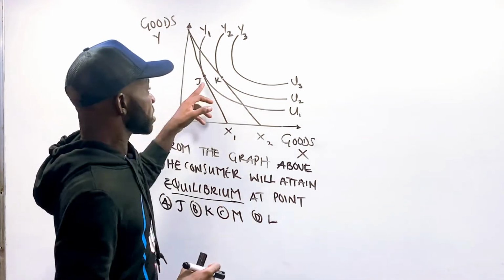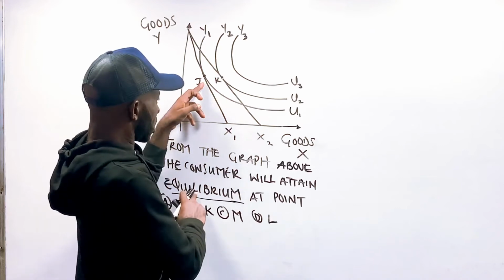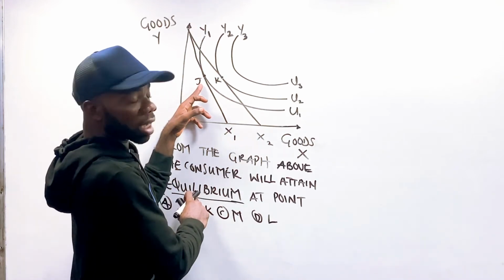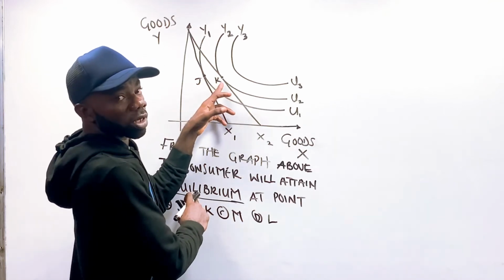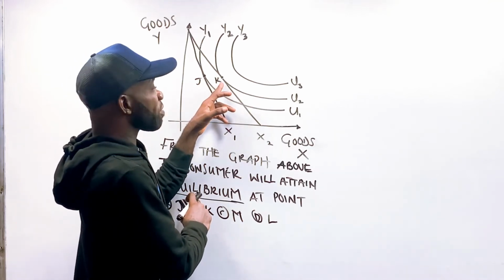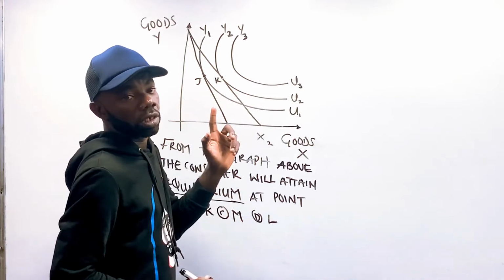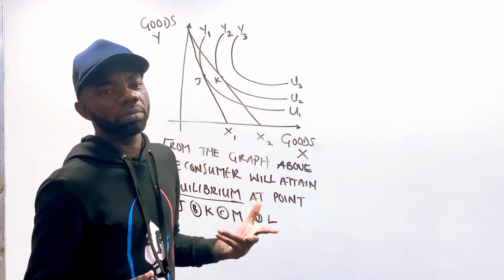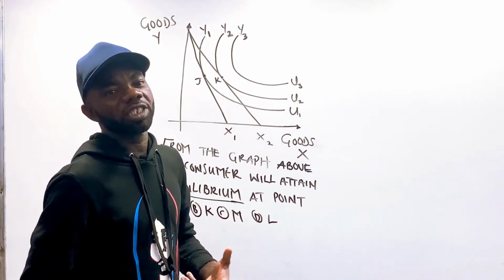So this is one equilibrium point of a consumer. This is another equilibrium point of a consumer. But when you have more than one in an exam hall, the highest equilibrium point is preferable.